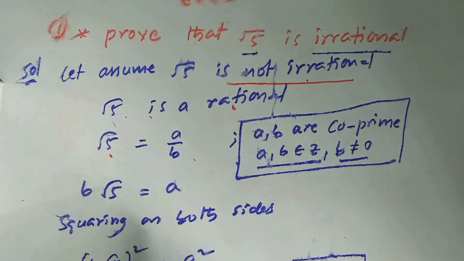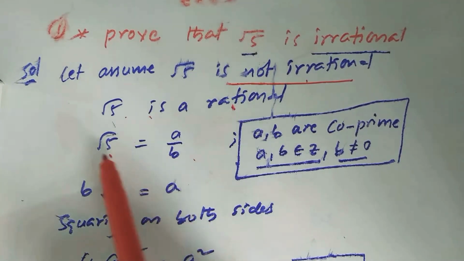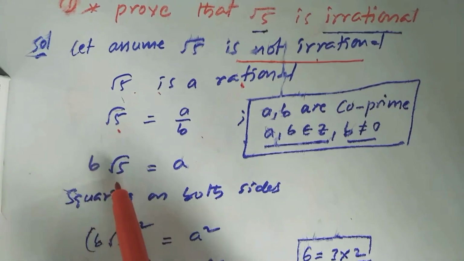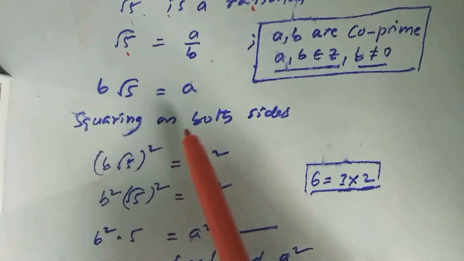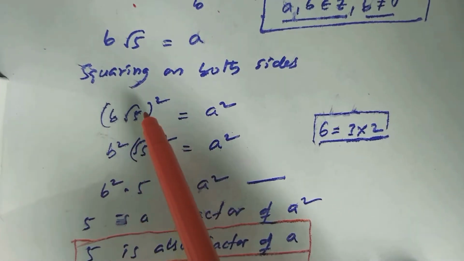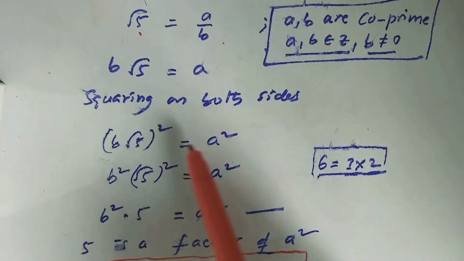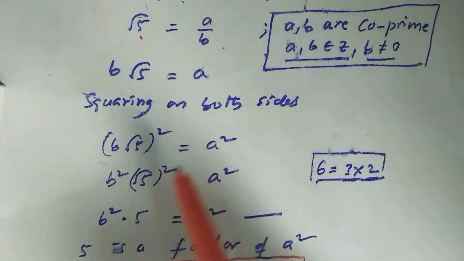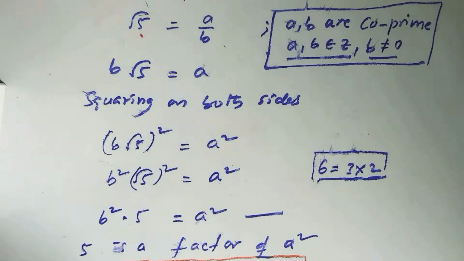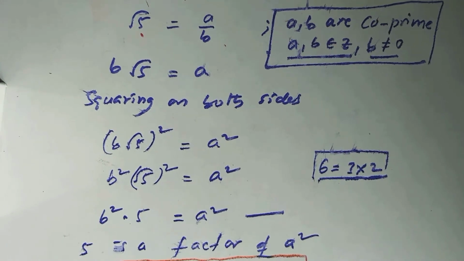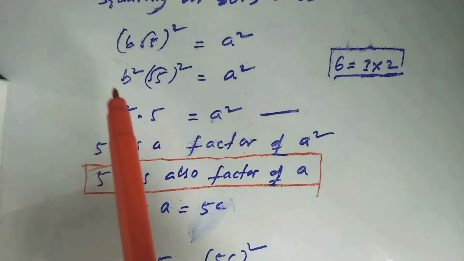Now I am simplifying this. Take b to the other side, it becomes a equals b root 5. Now I am squaring on both sides, so it becomes a square equals b square times root 5 square, and root and square cancel, so a square equals 5 b square.